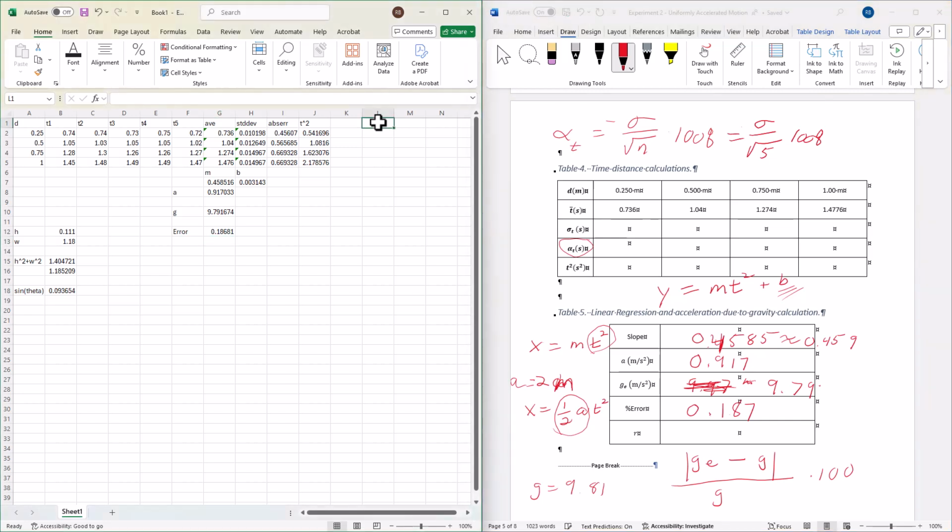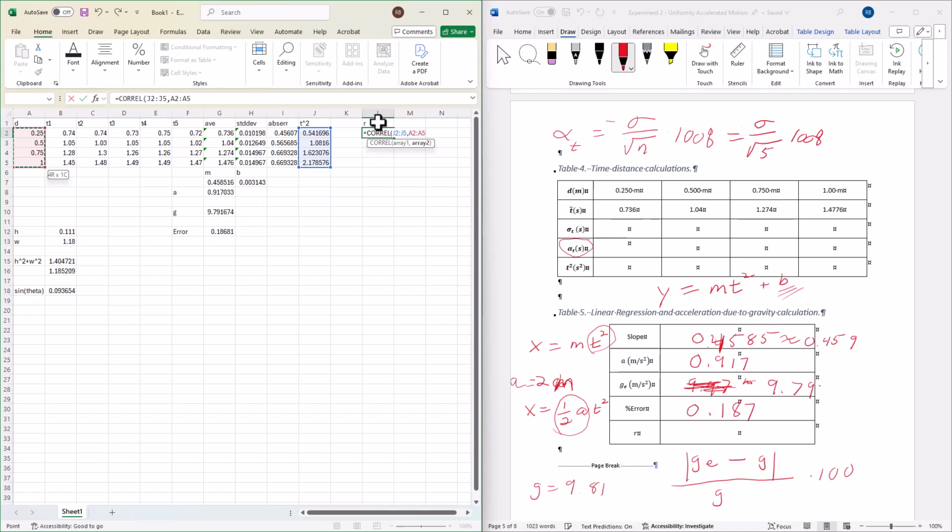But over here, what I'm going to do is type in R here, and the function that we can use to do that is CORREL, Correl, okay? And we want to find the correlation between time squared and then distance. Now it doesn't matter in this particular case which comes first.